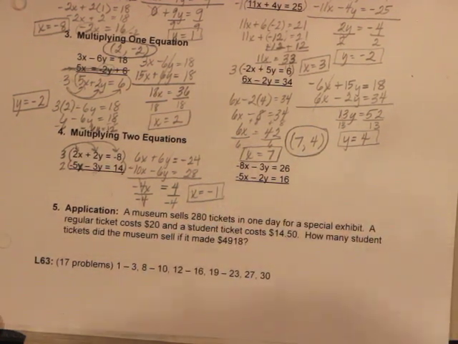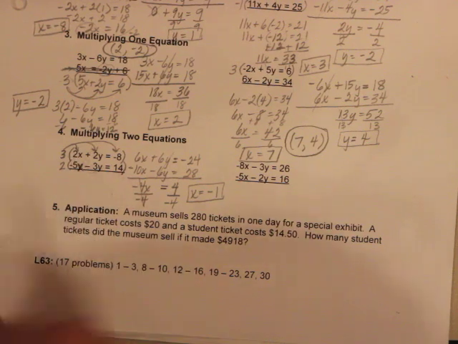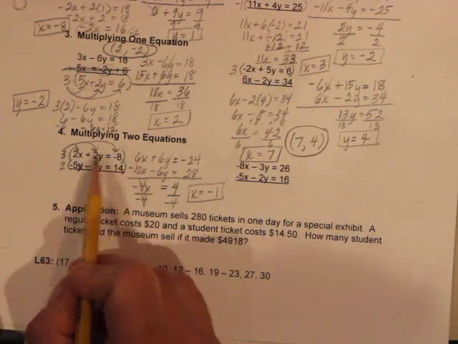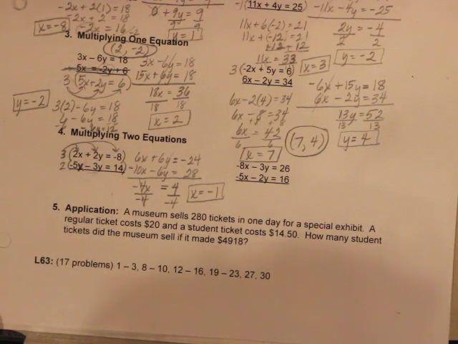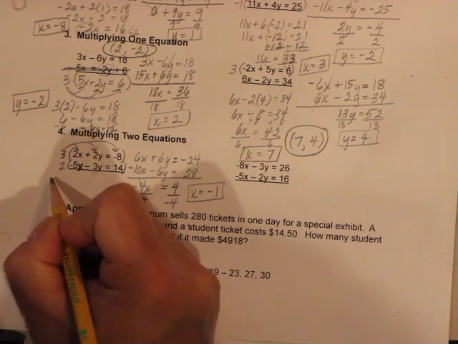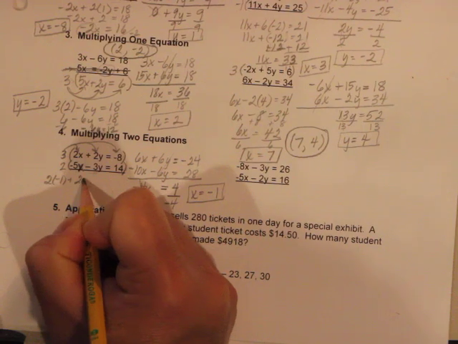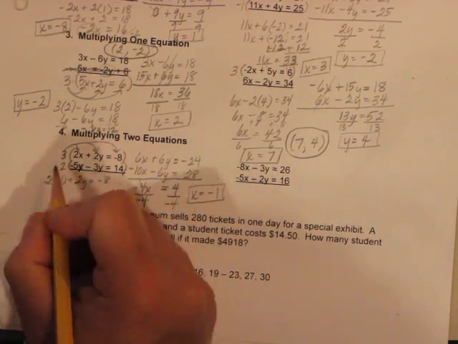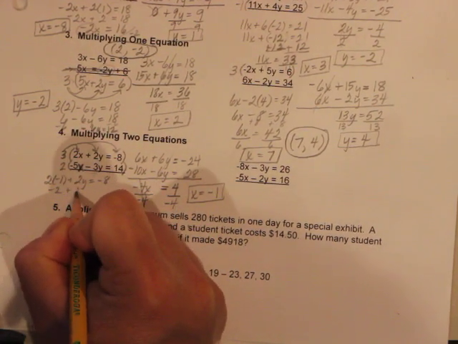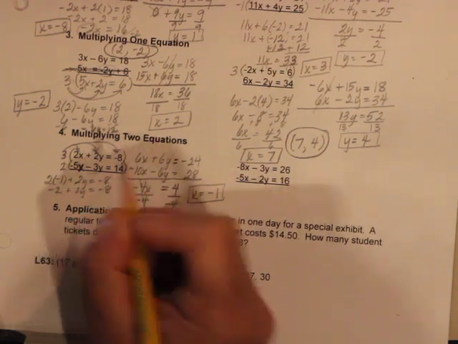Sweet. Now I'm going to take this negative 1 and stick it back in this top equation, the way that it was before I manipulated it, to make sure that I did the math right. So 2 times negative 1 plus 2y equals negative 8, negative 2 plus 2y equals negative 8.